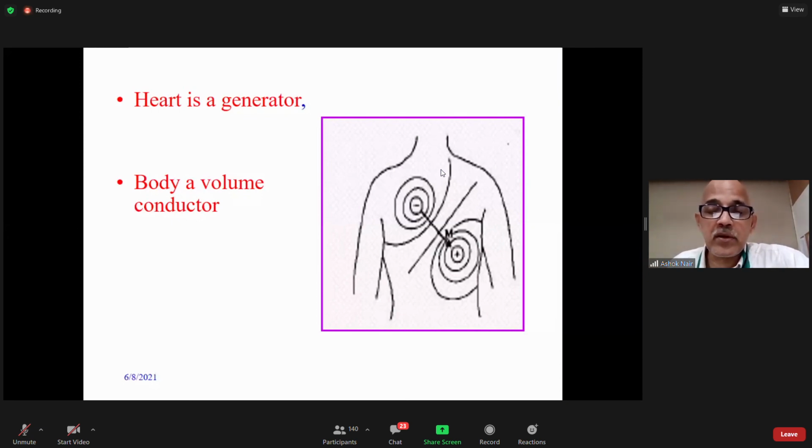Next class we'll look in more detail at each wave, what is its importance, what is its duration, what are its normal voltages, what the instrument consists of, a brief history of it, the ECG paper, the chart speed, what is the duration and voltage, and what each millimeter corresponds to in duration and in voltage.